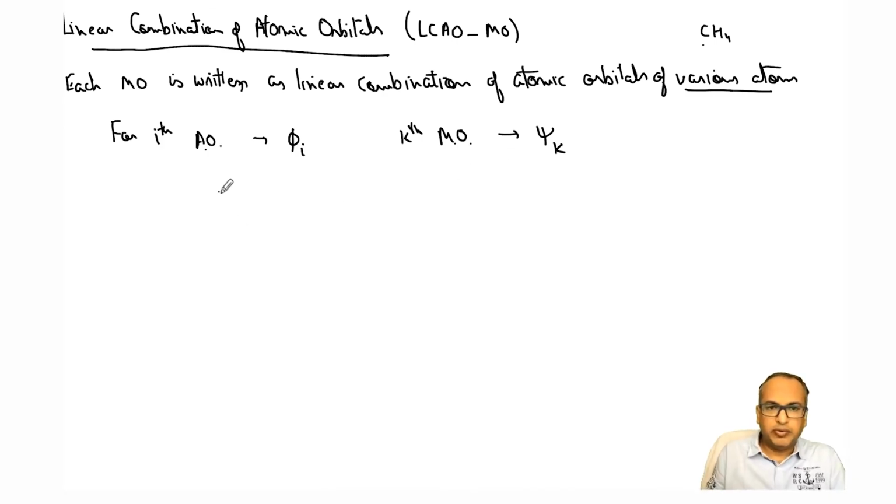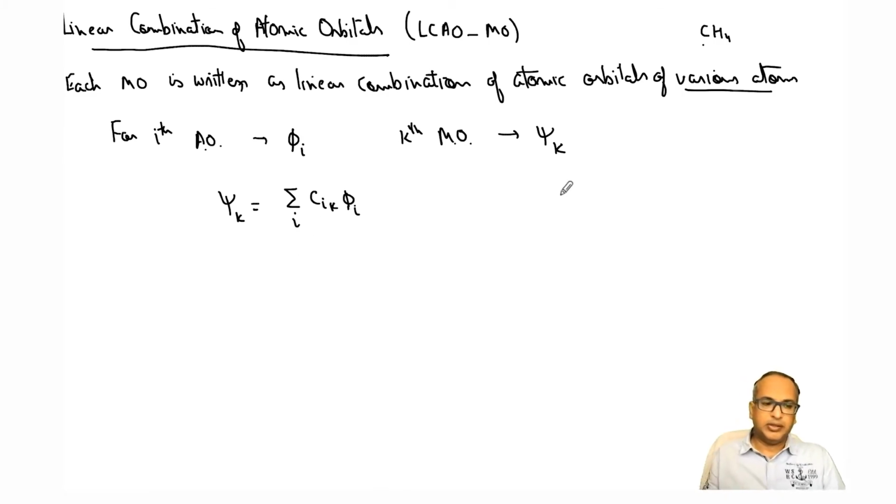So psi k can be written as a linear combination of atomic orbitals, the summation over all i of c ik phi i, where the phi i's are the atomic orbitals and hence eigenfunctions of that particular free atom.